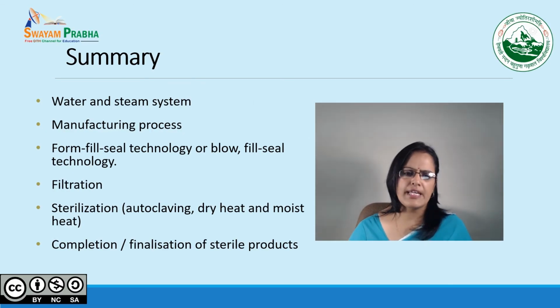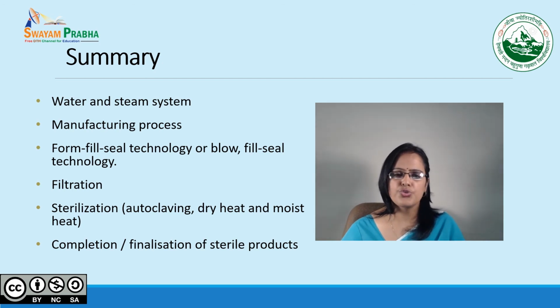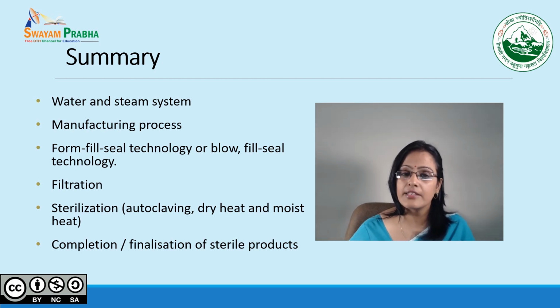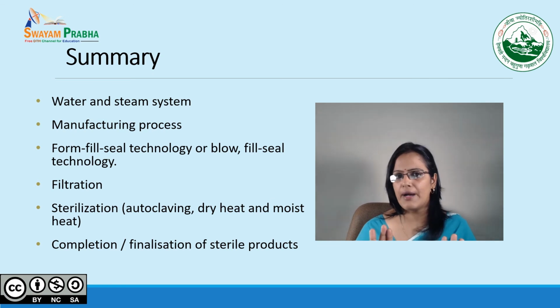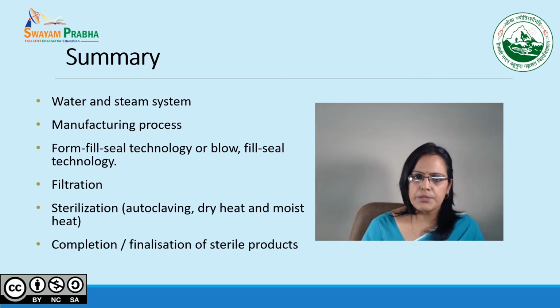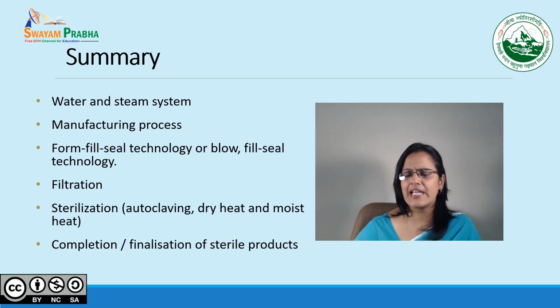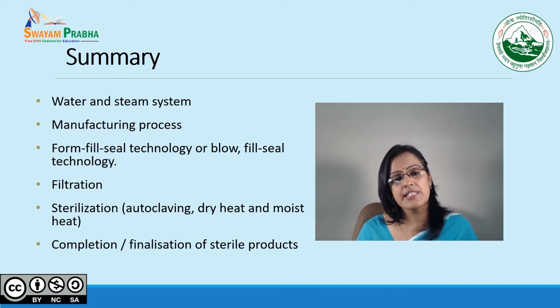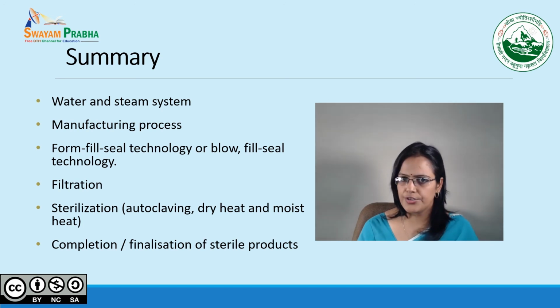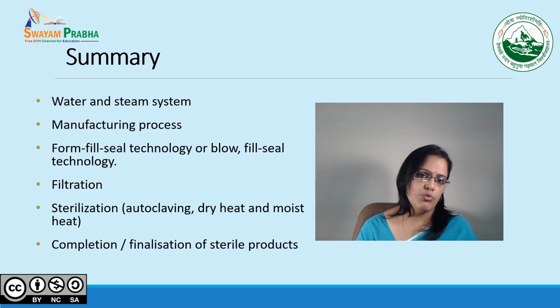Now let me quickly summarize this module. So dear students, in this module, this is part 2, we discussed special guidelines with reference to parenteral manufacturing, or you can say sterile manufacturing products. In this we discussed the water system, how it should be, the specifications, the limits.